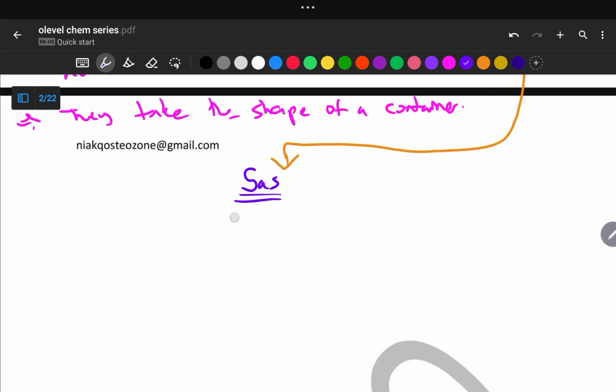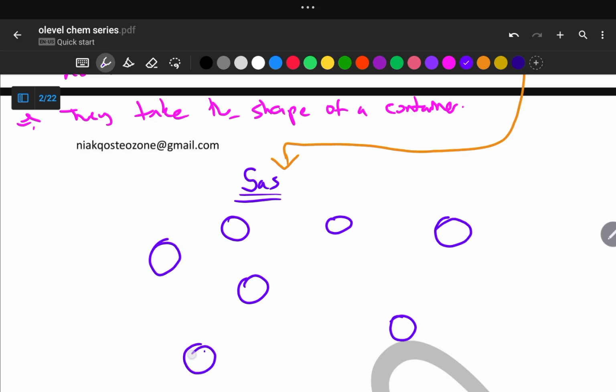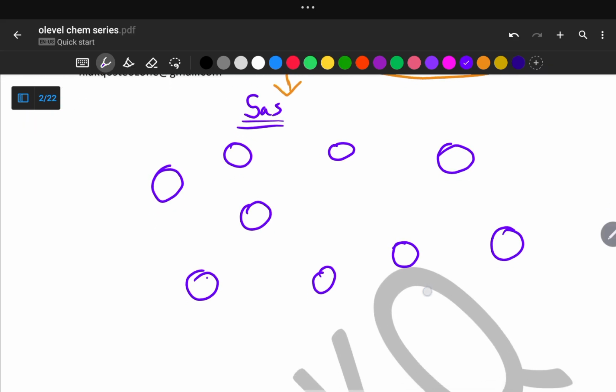The particles in the gas are far away from each other. So whenever in your exam you're given a diagram and you see the particles far apart from each other, you can tell this one is the solid, this one is the liquid phase, by simply understanding the given diagram, right?